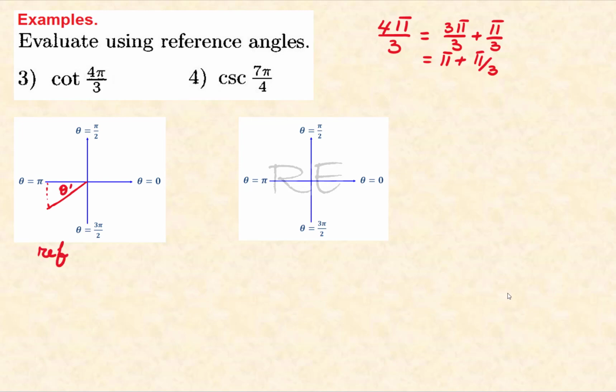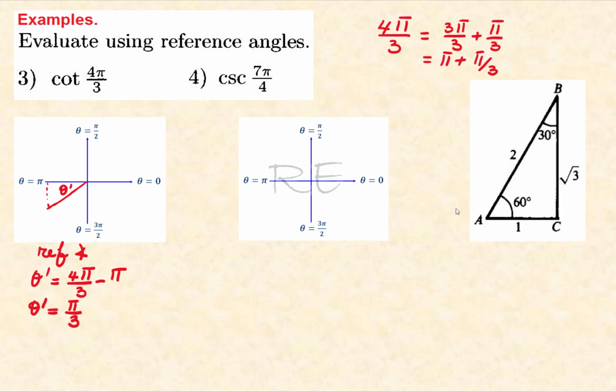The reference angle then will be the angle itself minus pi, 180 degrees. Theta prime is equal to pi over 3.